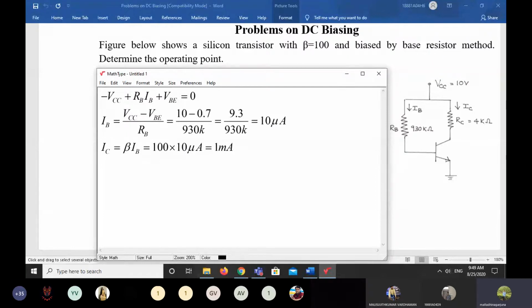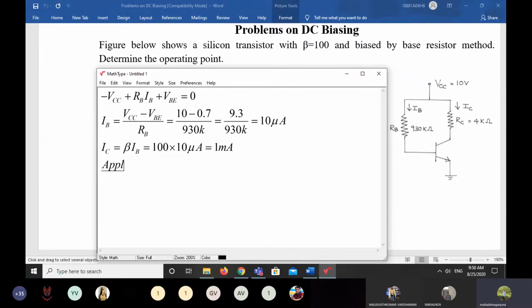That is the IC term here. Clear? So this is the input loop.